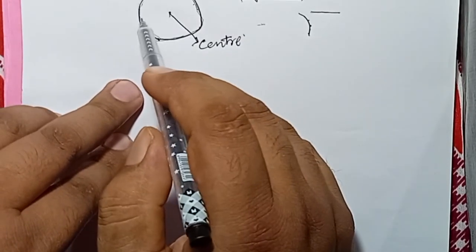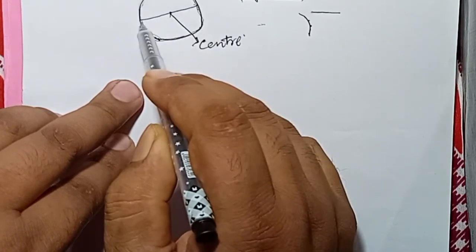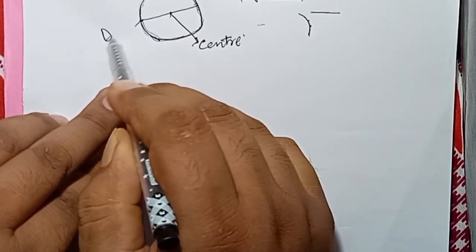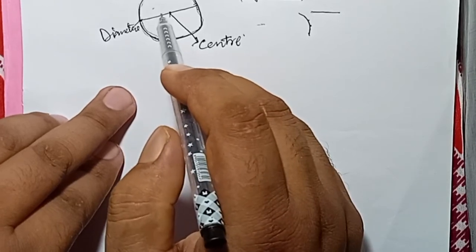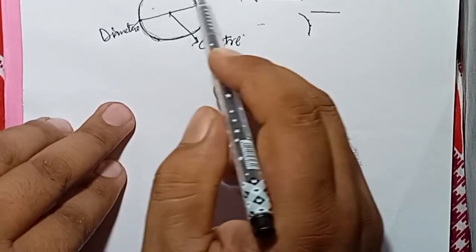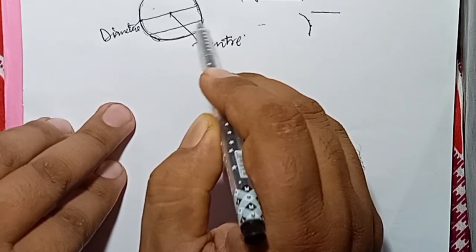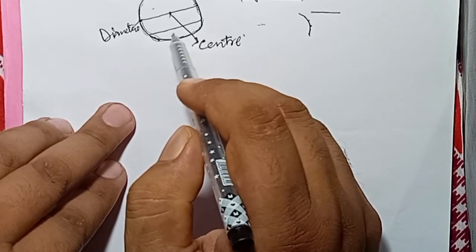And we have understood there is the longest chord, the line that passes through the center and touches the circle at 2 points, that's called the diameter. The diameter divides the circle into 2 equal parts. Each part is called a semicircle. And if I draw a chord, it will divide the circle into 2 segments.